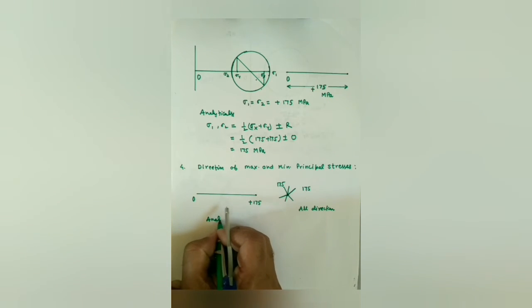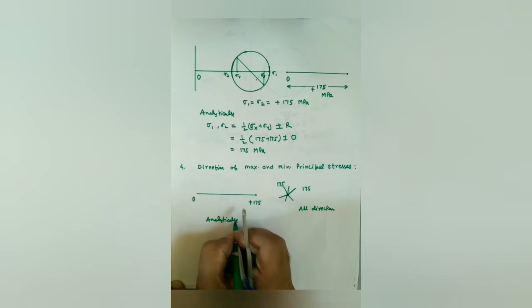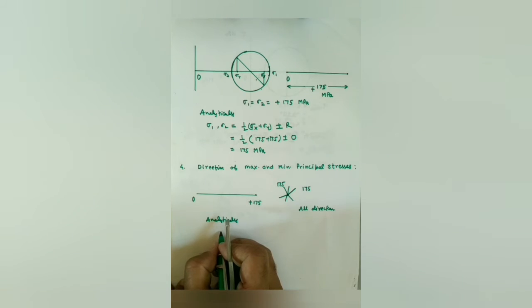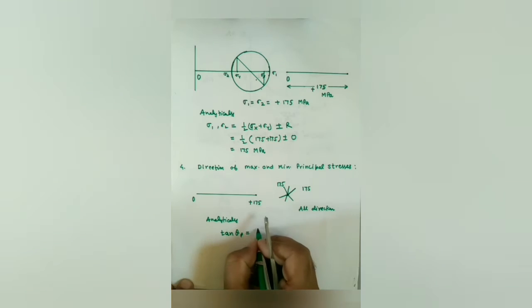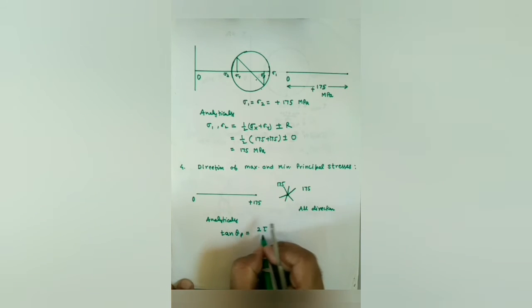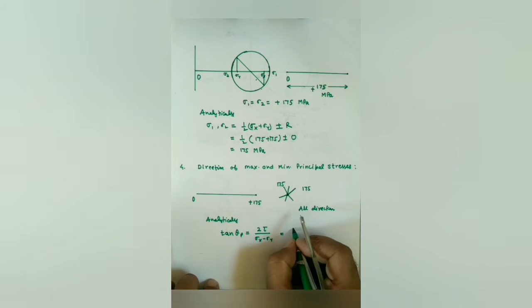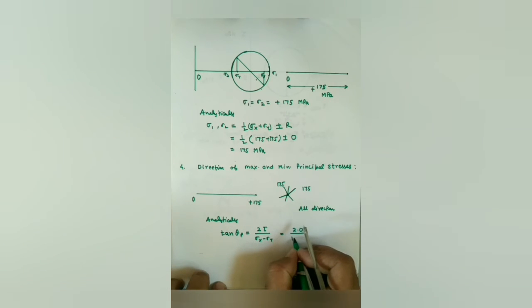Analytically, we know that the direction of the principal plane is given by theta p, where tan 2 theta p is equal to twice tau upon sigma x minus sigma y. In this case, tau is 0 and sigma x and sigma y are 175 each.